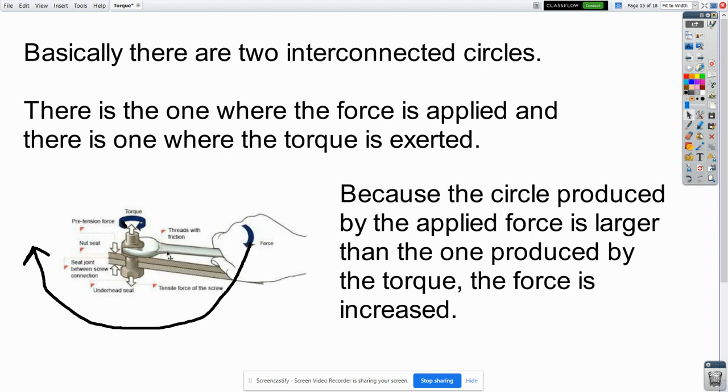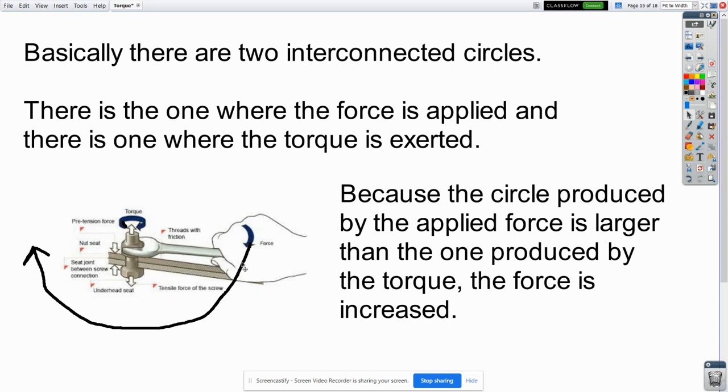And the way this is set up in a torque is that the applied force circle is larger than the torque circle. The circle being made by the applied force is larger than the circle being made by the torque. And when this happens, you get a multiplication, an increase in the force being applied here on the torque circle.